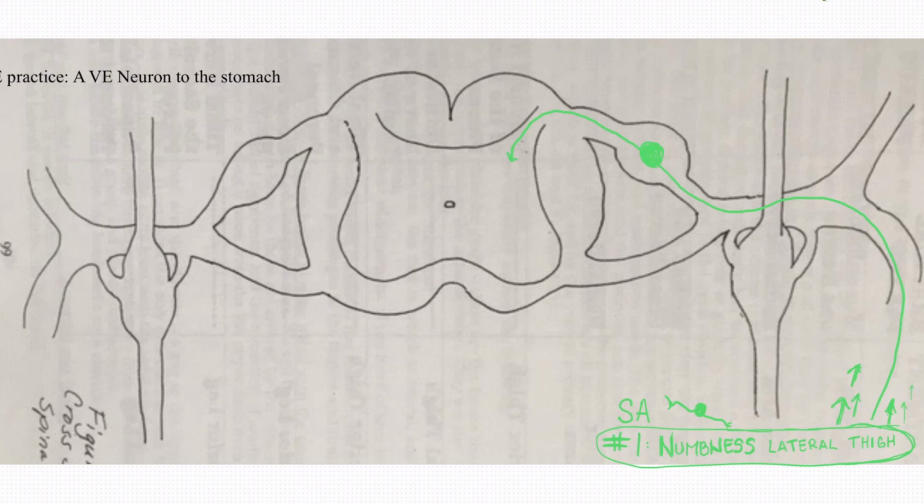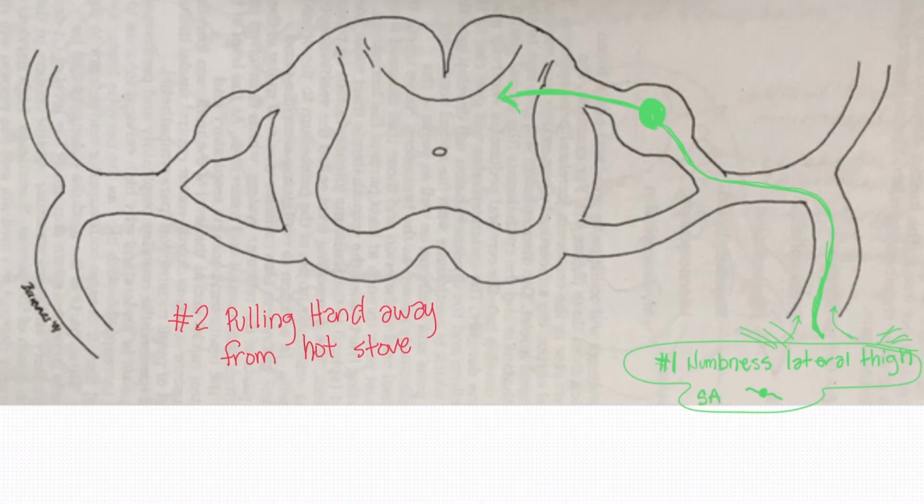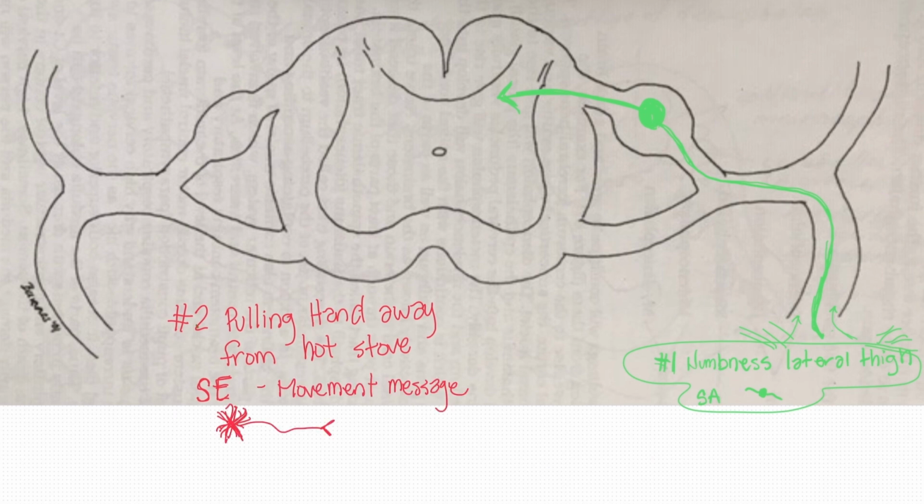Let's do another one. This next one, we're pulling our hand away from a hot stove. Modality. That's right, this is SE. Somatic efferent because it's a movement message. Cell type, SE uses a multipolar neuron, lots of dendrites, 1 axon. Got it. Cell body location. Where is the cell body located for SE? That's right. The cell body is right here in the ventral horn of gray matter.